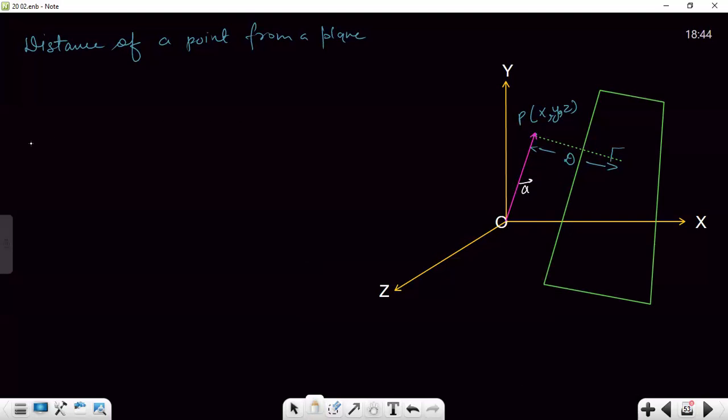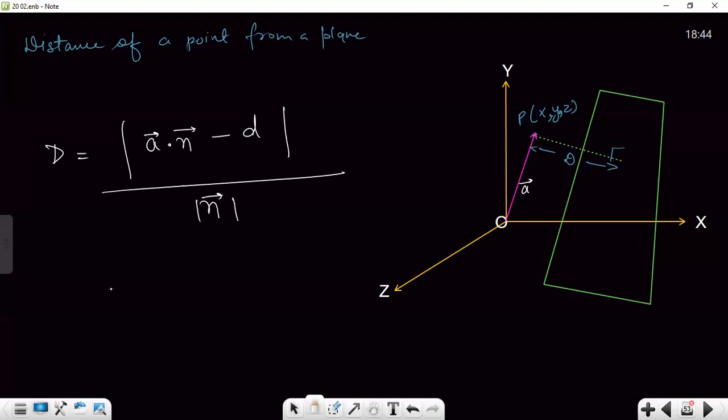The distance will be given by a direct formula: modulus of a vector dot n vector minus d, divided by the modulus of n vector. This is the formula for finding the distance, where a is the position vector of P, that is x i cap plus y j cap plus z k cap, and n vector is the normal vector of this plane.